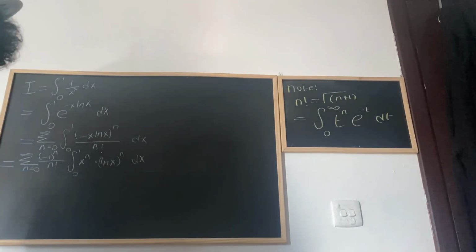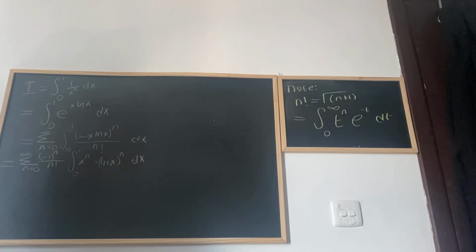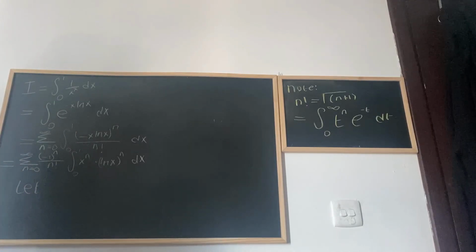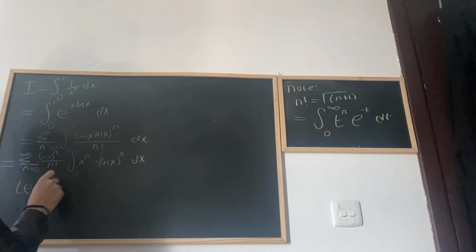Now, how could we do that? Let's take it step by step. What if we do a u substitution? Now, what would our u equal? Let's use k.